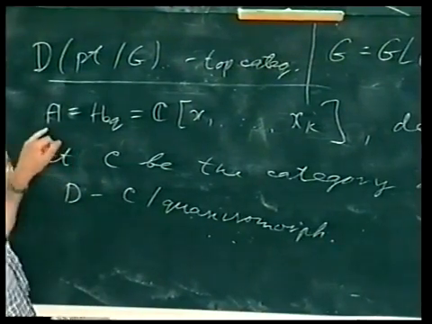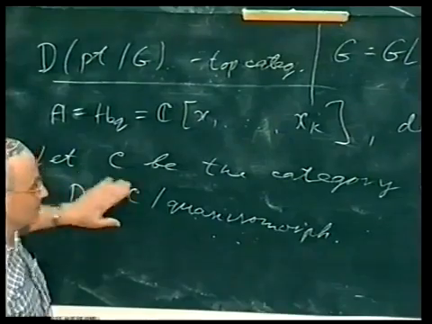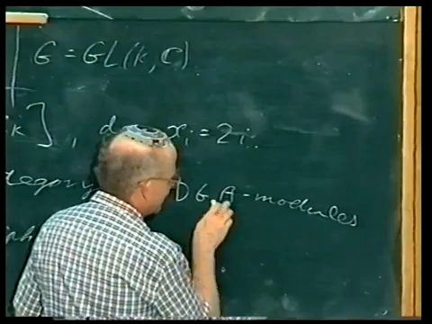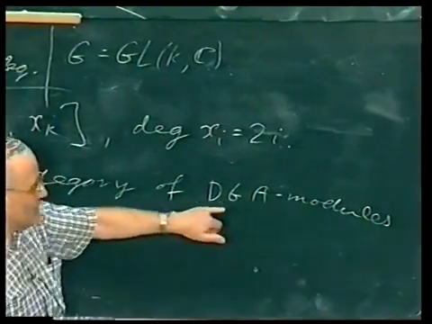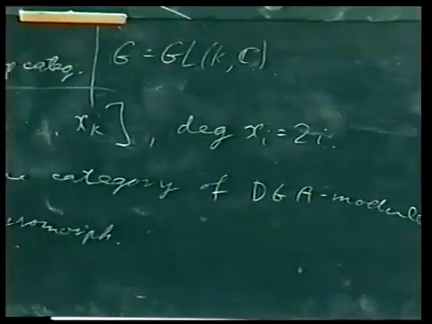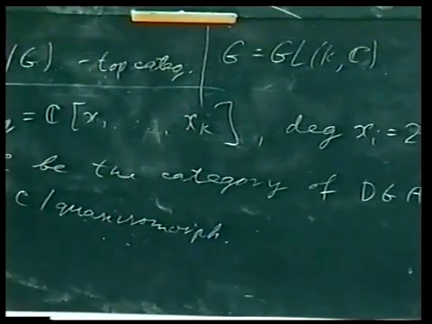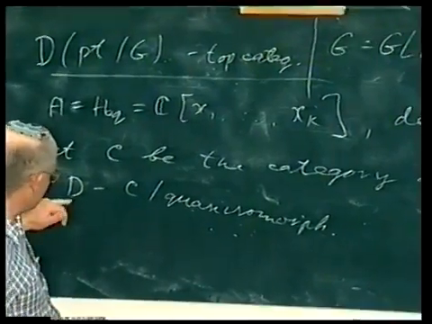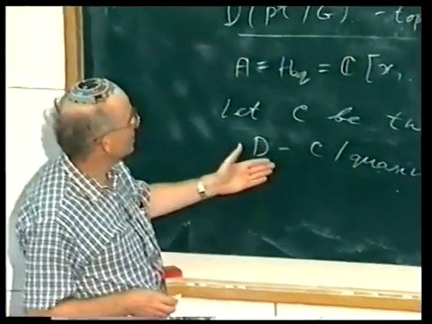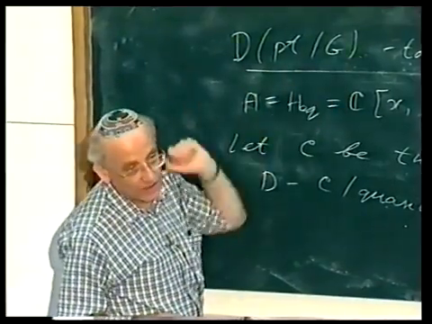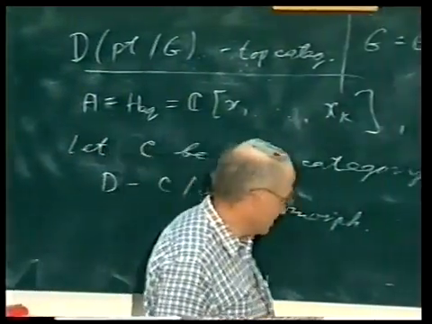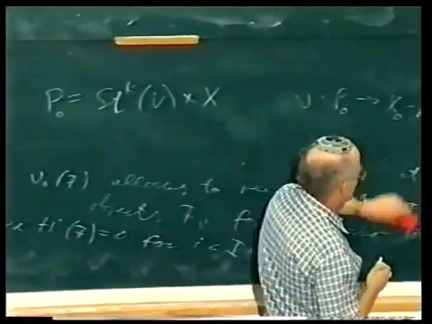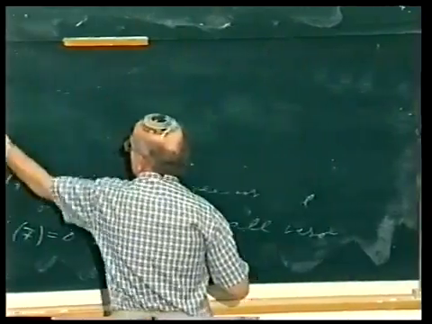So I consider this category C of DG A-modules, where A is this algebra, and these are differential graded modules. So as usual, the differential is of degree 1, and so on. And we consider this modulo quasi-isomorphisms. So then the claim is that this category is equivalent to this topological category. So in this case, we can compute this category explicitly.